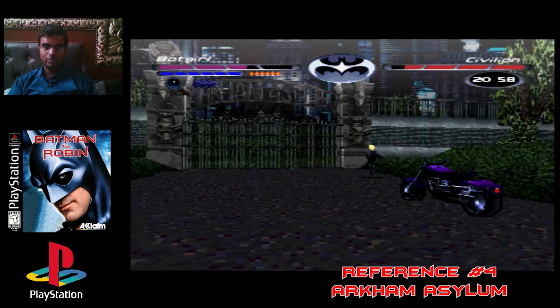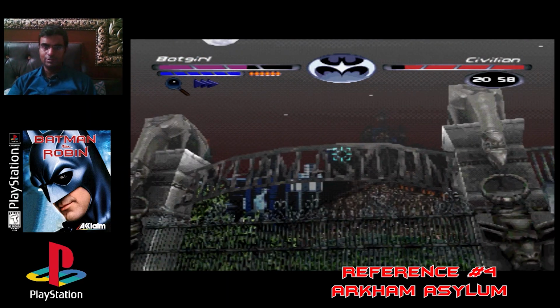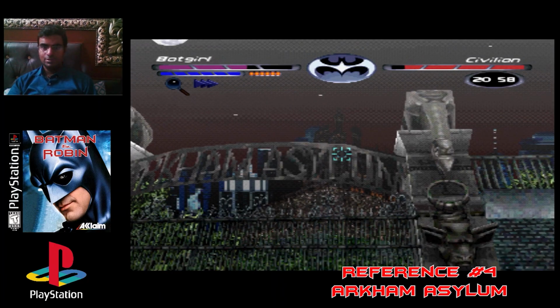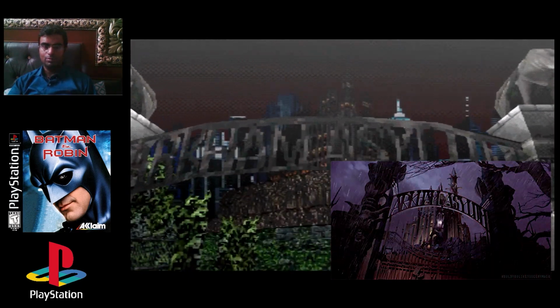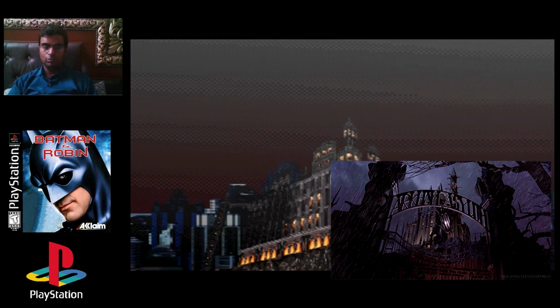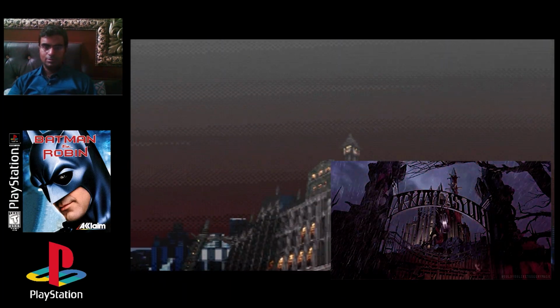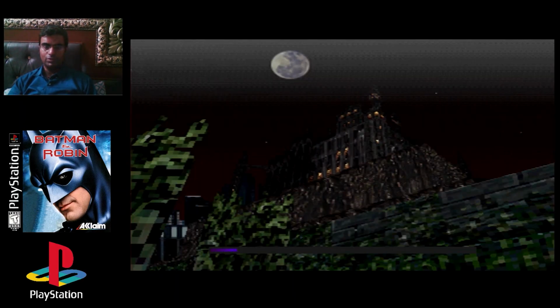So this area first appeared in the Batman Forever movie, and the same location, the same front view of this area, as you can see now, appears in the Batman Forever movie too. And it is the same building that we saw as the Arkham Asylum in the Batman Forever movie for the first time.